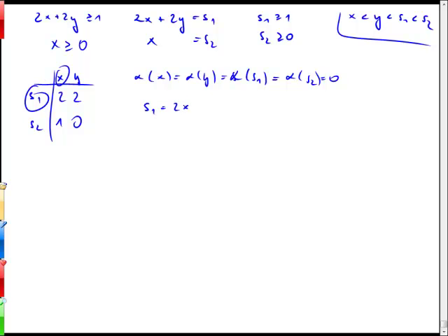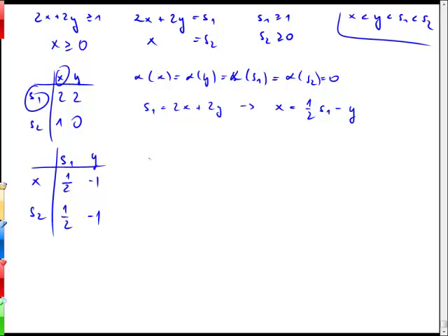s1 equals 2x plus 2y. If I pivot, I will get x equals 1/2 s1 minus y. So the new tableau will be (1/2, minus 1), and s2 equals x from the first tableau, so the row will be the same.